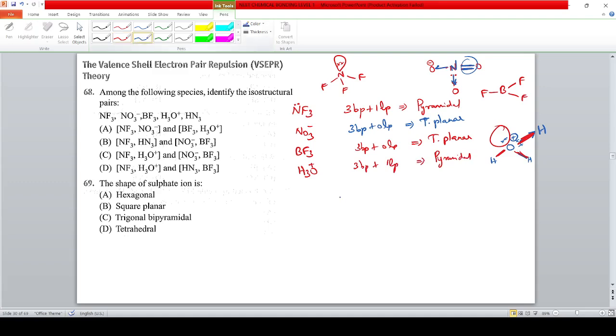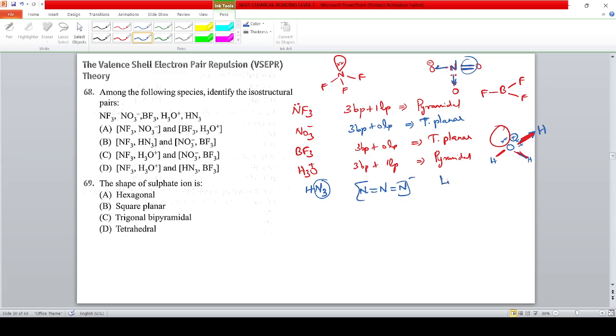Right. The last one, HN3. This is nothing but, we can write this as N3 minus. So we have to write the structure like this, so in total there will be a minus charge. This is called N3H, right?